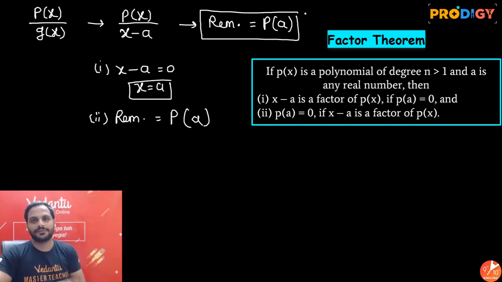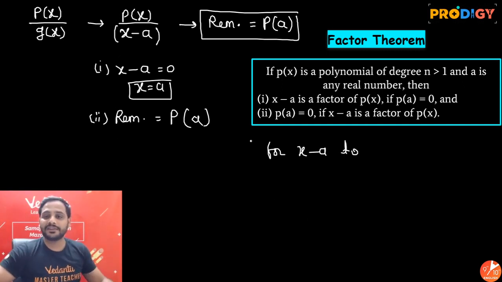Now suppose I know what is a factor. Factor means this x minus a completely divides the polynomial p(x). So completely divides means what? Remainder 0.